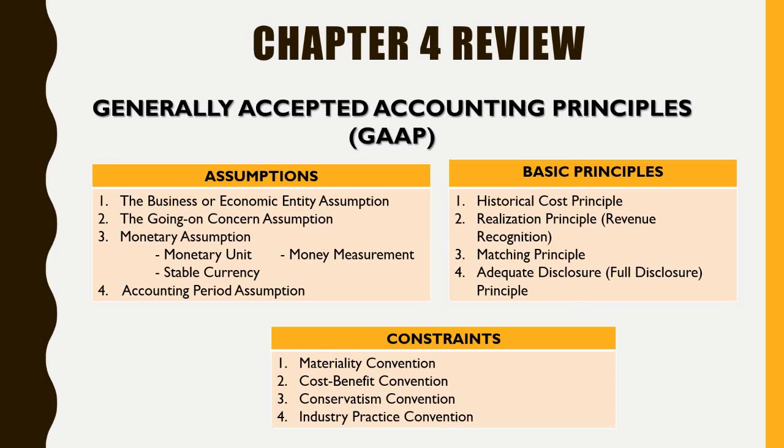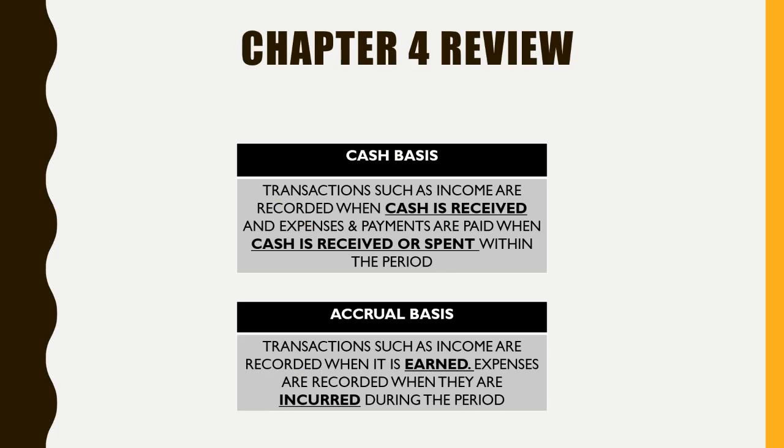All right. And then lastly, we talked about the cash versus the accrual. Cash is you only record revenues and expenses when cash is either received or available to spend. And then accrual basis is you recognize the revenue when it is earned, so when it's been completed, or when the product has been sold.